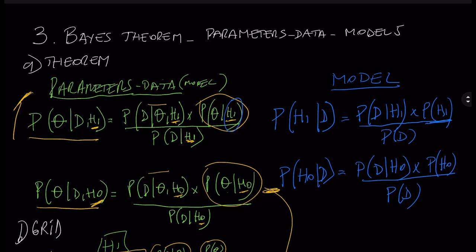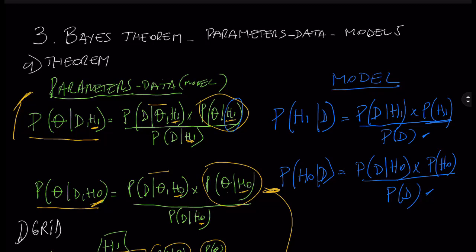Now, this probability of the data and this probability of the data is the same. That's probability of the data regardless of the model. So it's like making some sort of average of the two models, and determining what's the probability of the data as an average of these two models. But because that's the same value, I can cancel and ignore it.